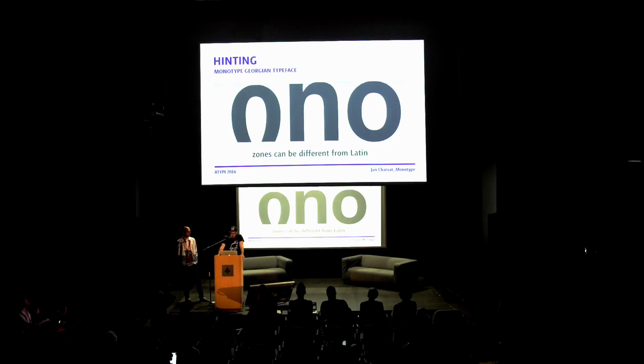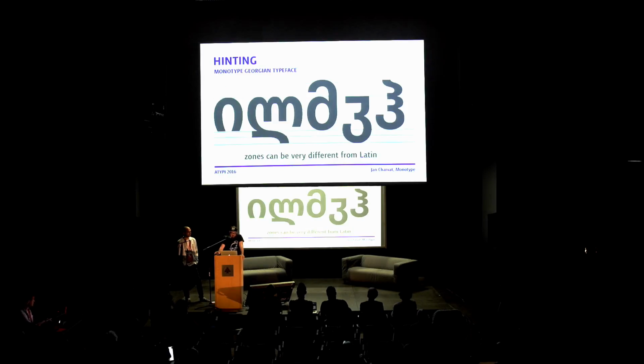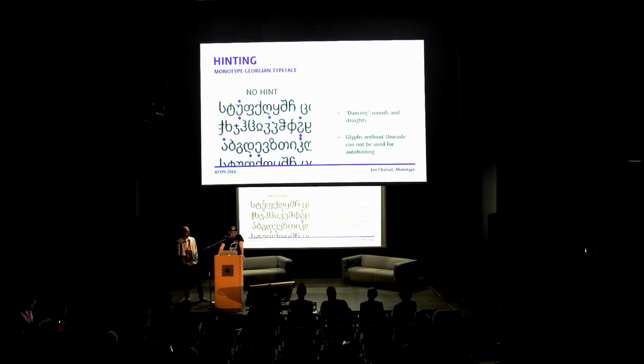Okay, we got uppercase, we got diacritics. What else? Hinting, beautiful. Because of ascenders, some Georgian designs are 20 points smaller than Latin. And that, of course, means the zones are different. It can be very different, actually, and therefore the hinting is misleading. So if you use the Latin auto-hinter or no hinting, you get dancing straights and rounds, and it's useless.